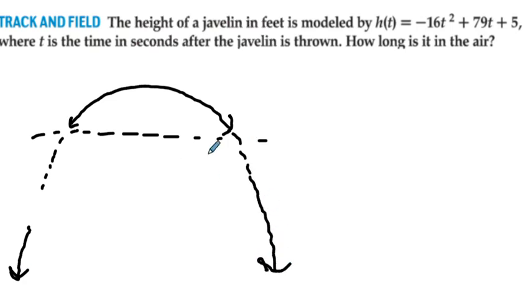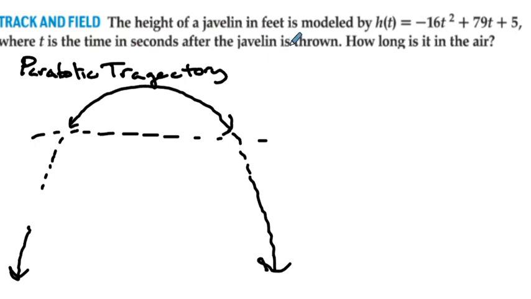And so it's a parabola. They call that a parabolic trajectory. That's the physics term for it.